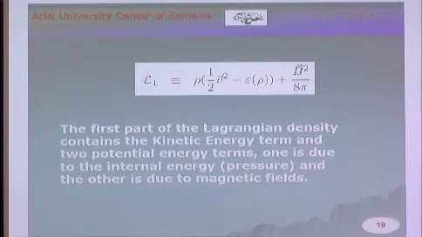The first part of the Lagrangian density contains the kinetic energy terms and two potential energy terms. One is due to the internal energy, which is this term over here, and the other is due to the magnetic field energy.